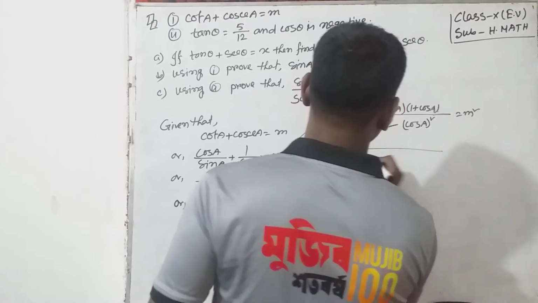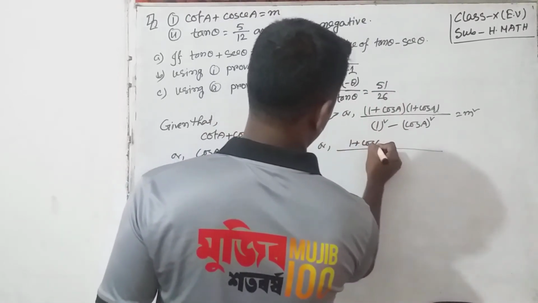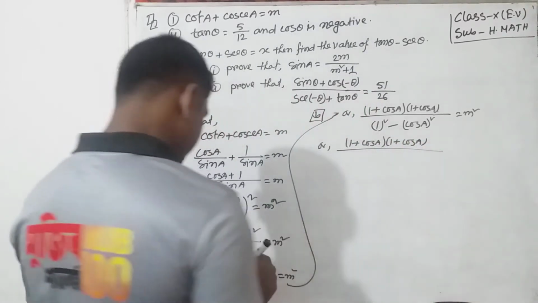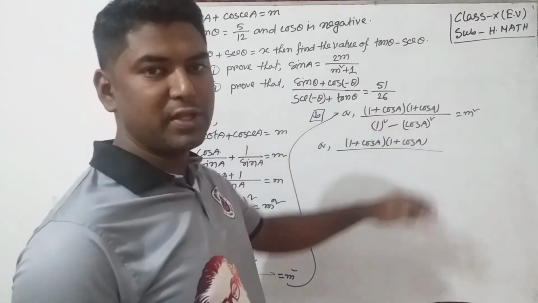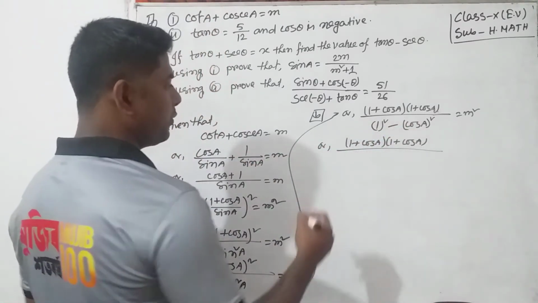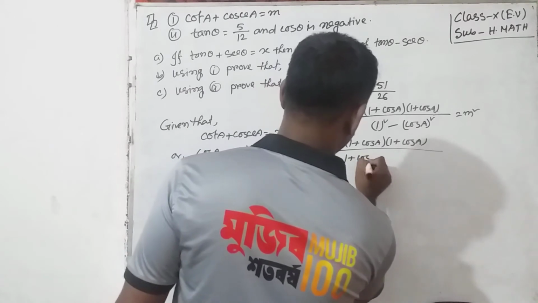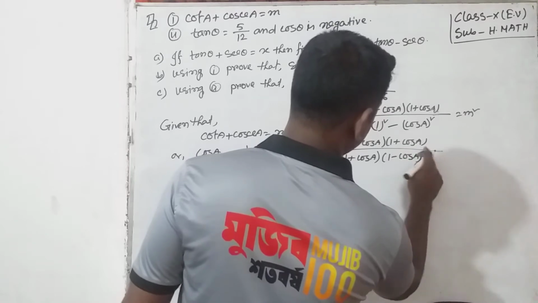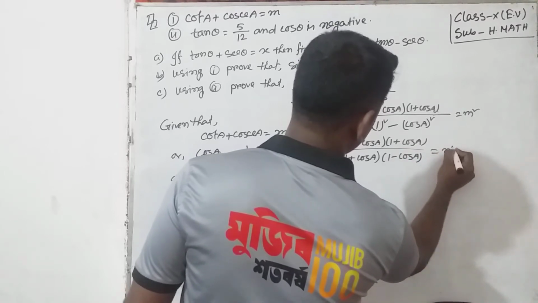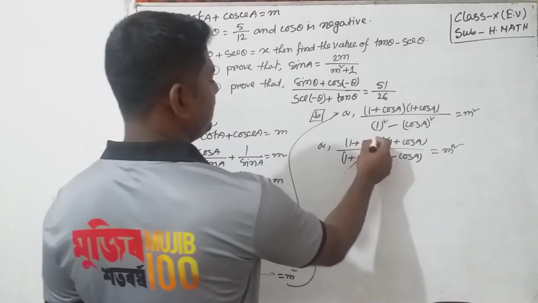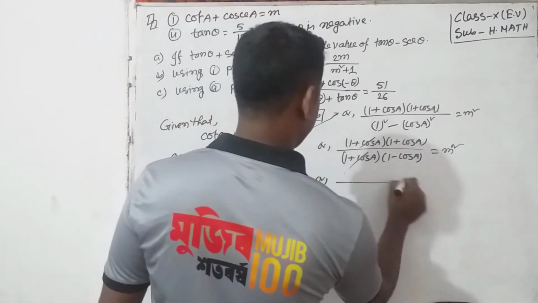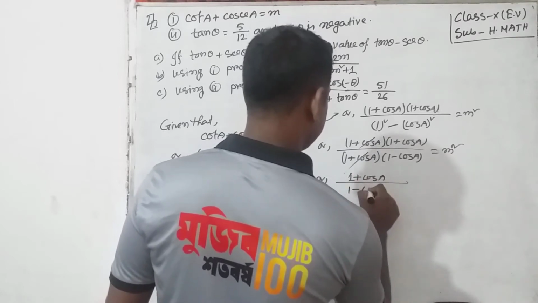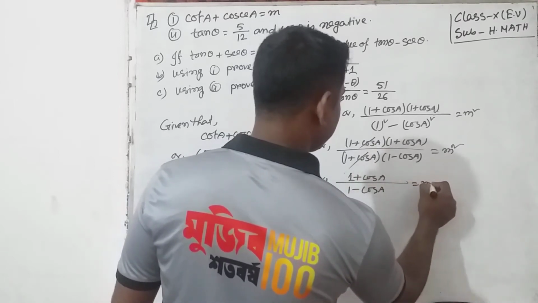And it is another formula, a square minus b square form, so we can write 1 plus cos A into 1 minus cos A. Then 1 plus cos A by 1 minus cos A equal m square.